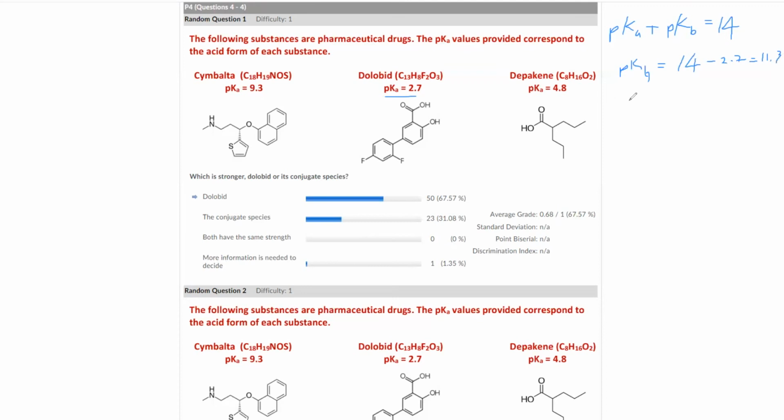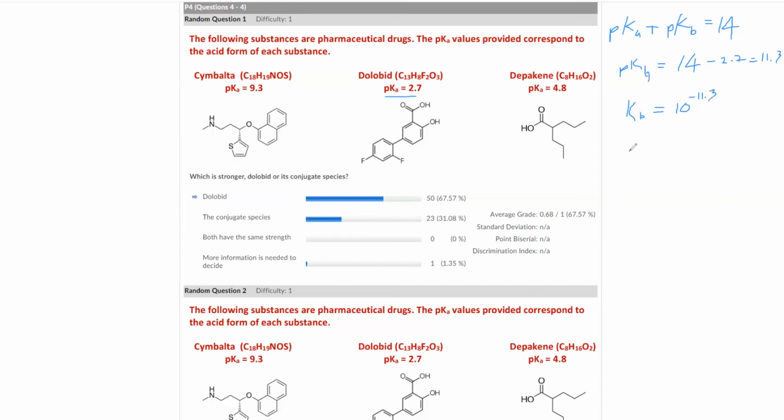Therefore, Kb must be equal to 10 to the power of minus pKb, which is minus 11.3.